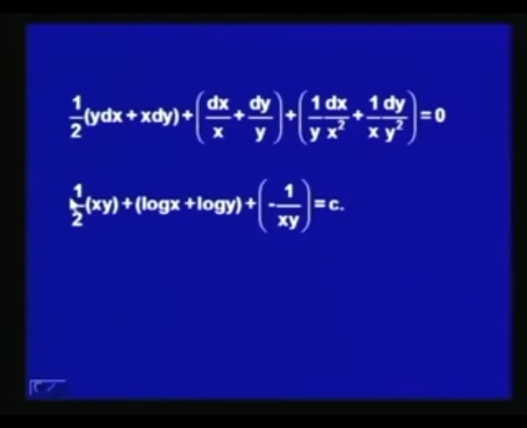So, we shall have the integral as half xy plus log x plus log y minus 1 over xy equal to c, which is the general solution of the given differential equation. Here we can also find it by regrouping the terms and then writing them as exact differentials of some functions of x and y. So, that way also we can do. So, the general solution is half xy plus log x plus log y minus 1 upon xy equal to c.